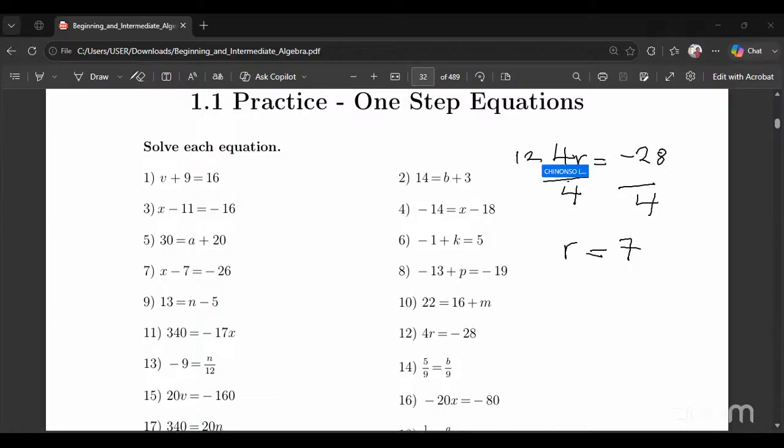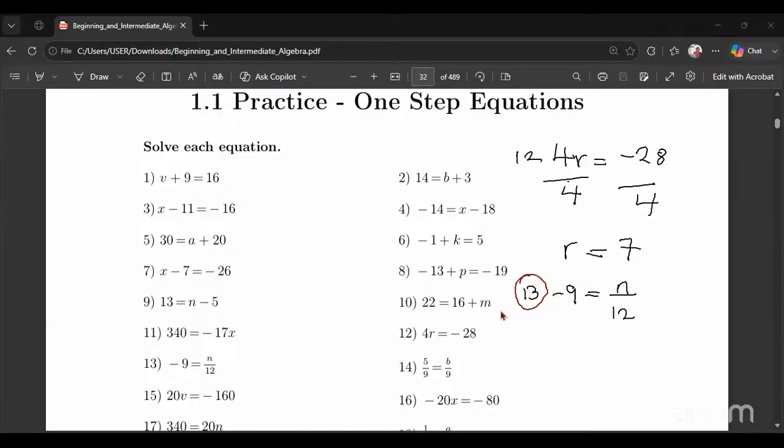So for question 13, we have negative 9 is equal to n all over 12. On the left hand side is just a whole number, and on the right hand side we have a fraction.